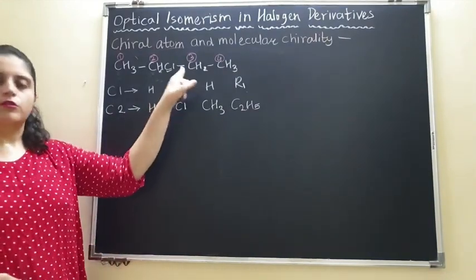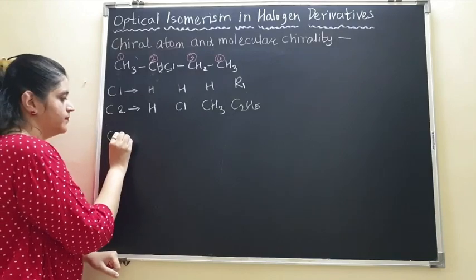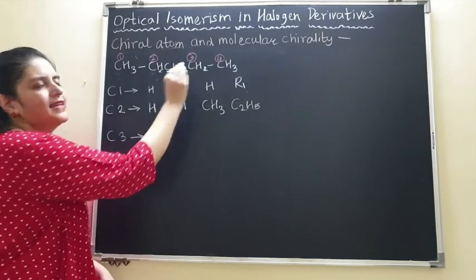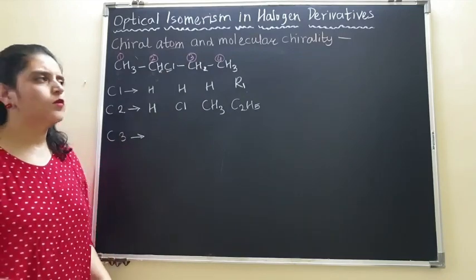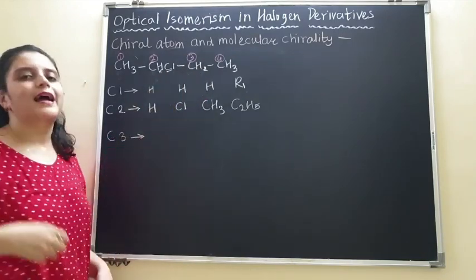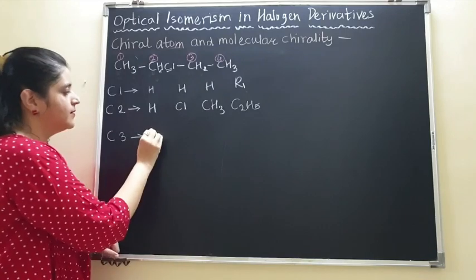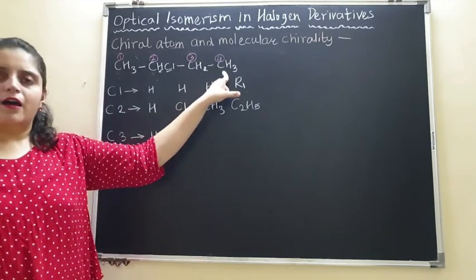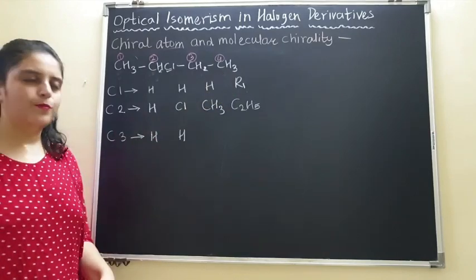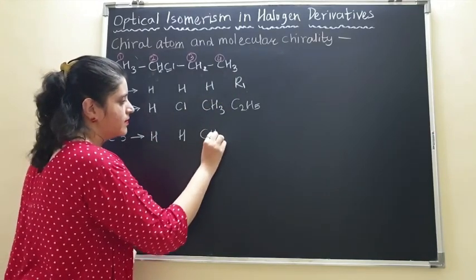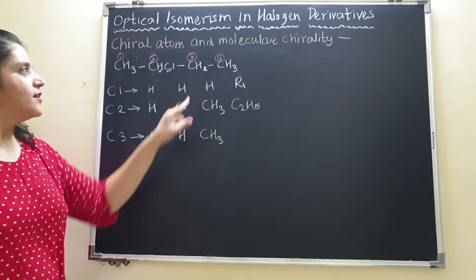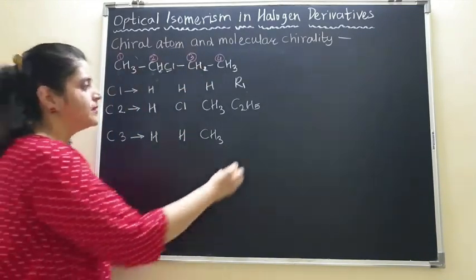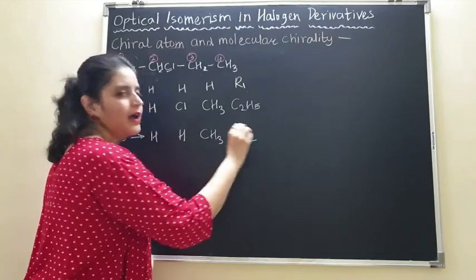Now let us proceed to the third carbon. In case of the third carbon, you can easily see it is written as CH2. That means 2 hydrogen atoms are attached to the third carbon. Then on one side a CH3 group is attached, and on the other side this entire group is attached. Let me call that group R2.